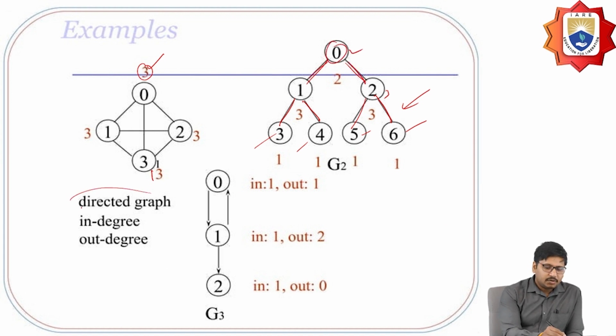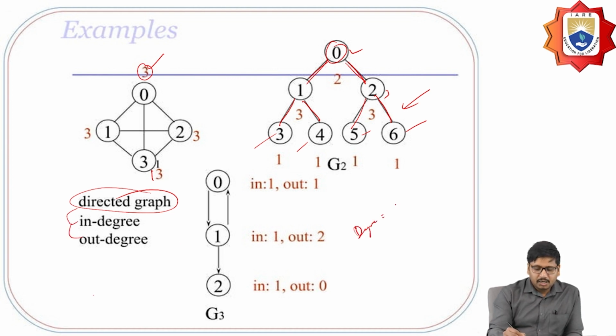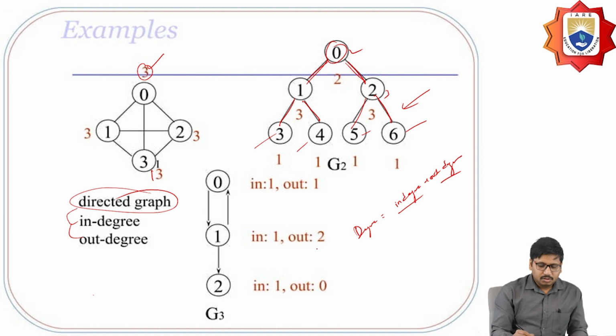Whereas in the case of a directed graph, we have two types of degrees. The degree of the vertex is calculated as in-degree plus out-degree. In-degree means the number of edges incident to the vertex, and out-degree means the number of edges leaving the vertex. So the in-degree is 1 and the out-degree is 1 in this case.